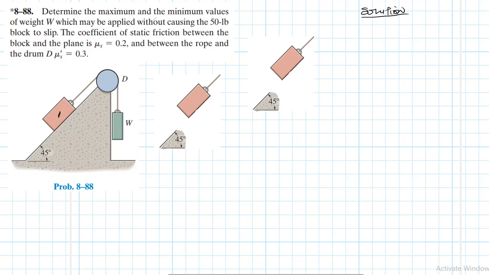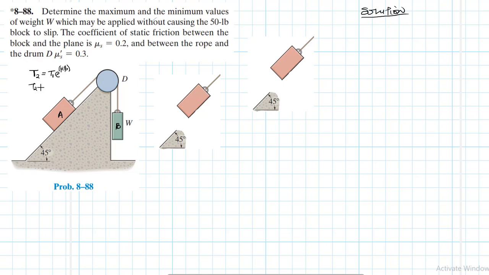Let's call this block block A, and this other block there block B. And we want to use this particular equation: T2 is equal to T1 times e, which is a constant, the base of the natural log, to the power mu times beta, which is the angle between the rope and the contacting surface, and it is in radians.